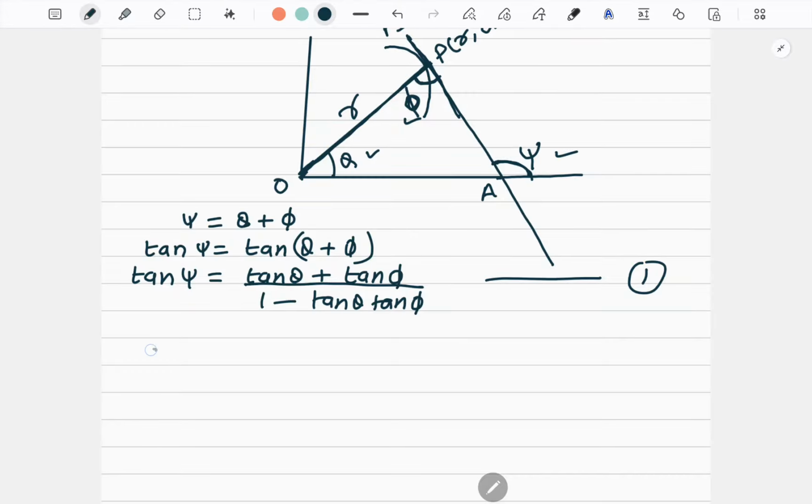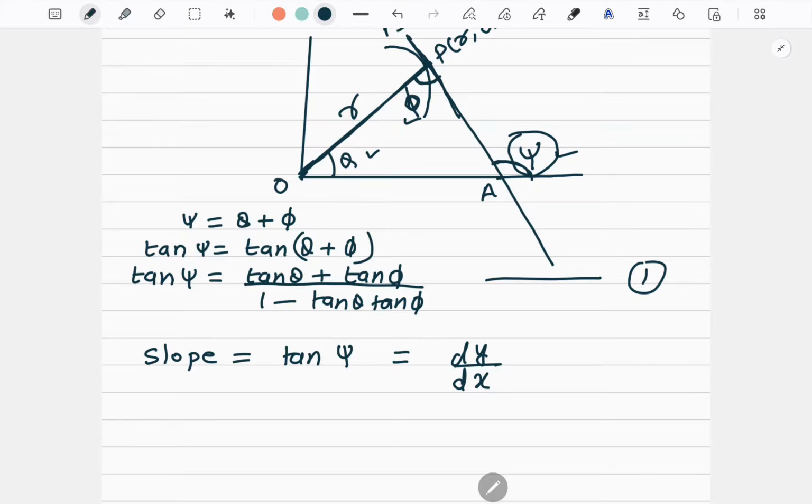So I can say that the slope of the curve is given by tan psi. But at the same time, we also know the meaning of differentiation: differentiation is dy by dx. So tan psi is also equal to dy by dx. Yes or no? So very easily I was able to connect what this psi is and how I can represent it in terms of y and x.